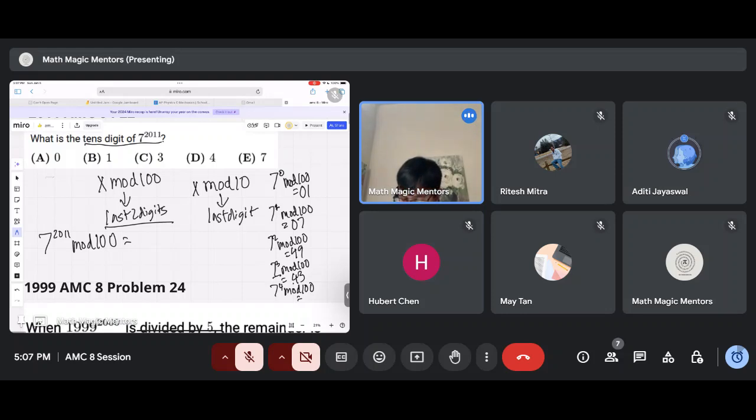You can take this mod and multiply by 7 to get the next mod. If x mod 100 is some number y, then nx mod 100 is ny, just the constant times y. So we can multiply 43 by 7 to get whatever mod 100 we need. 43 times 7 is 301, and we need the last two digits, which is 01.